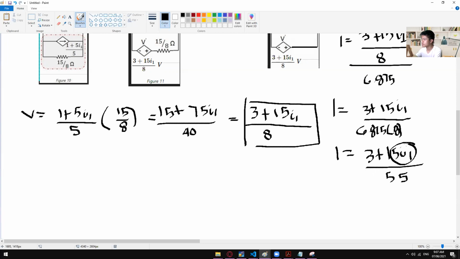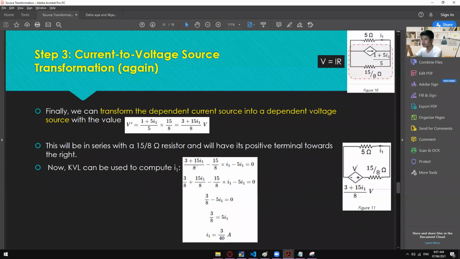How will we know this current right here? That is actually the problem. All right, so I guess it's not possible because even though we will be able to simplify the rest, the 3 plus 15, and then divided by 55, we still don't know the value of I. Unless we have KVL, having the voltage right here and then the resistance, we can add the same unit, like for example this one, I sub 1 minus 5 I sub 1, so you can have a single missing variable.